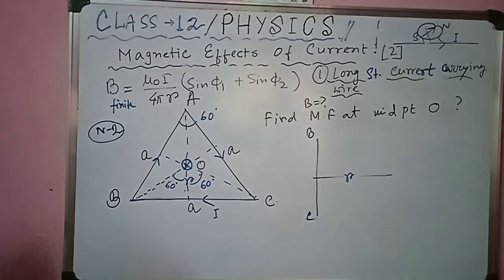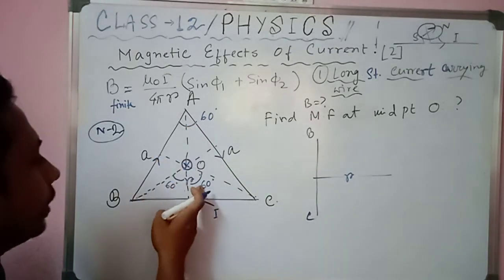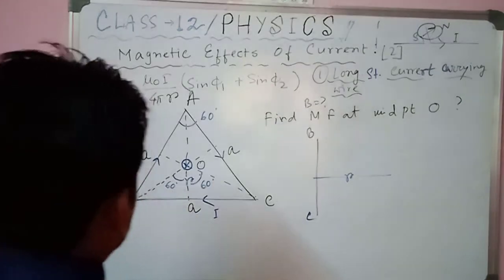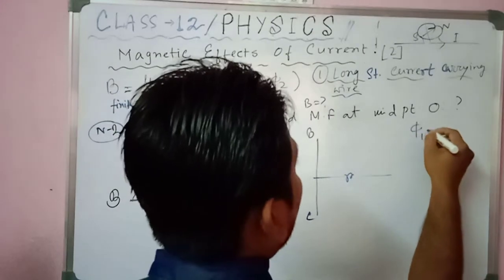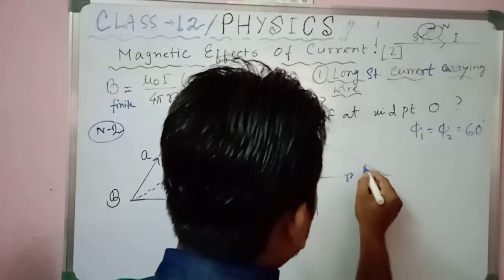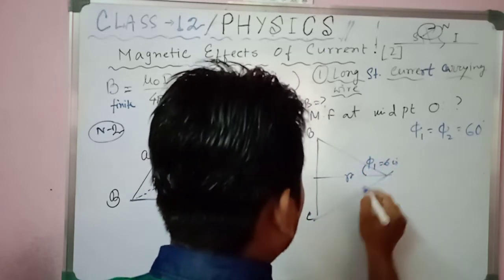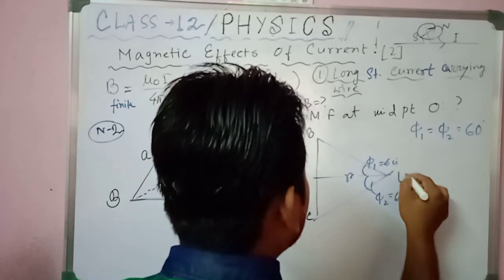Am I right, students? So phi 1 equals phi 2 equals 60. This is phi 1, 60, and phi 2 also 60. This point is O.